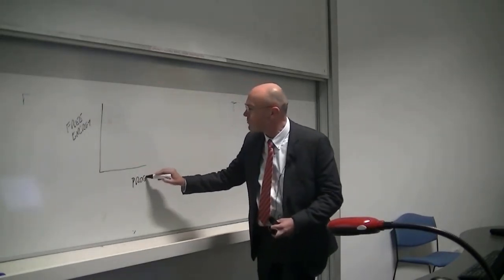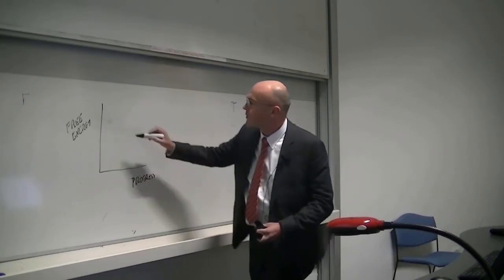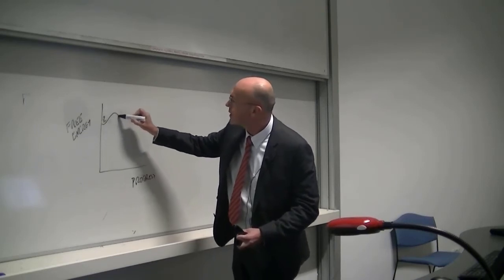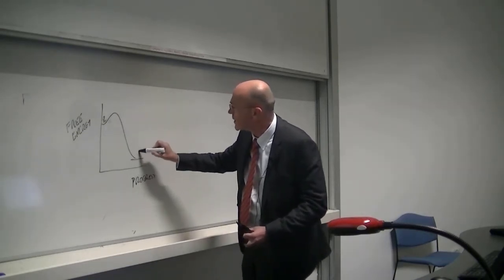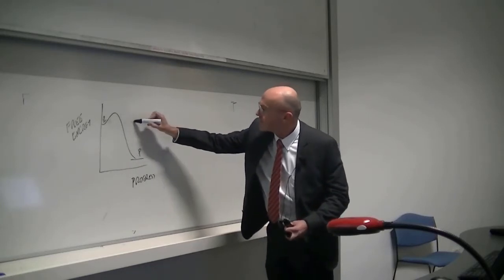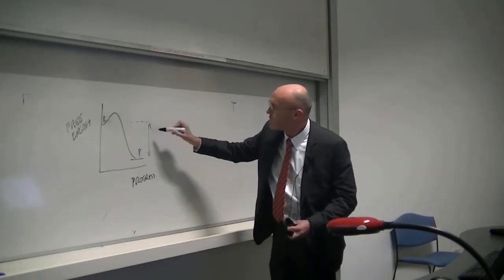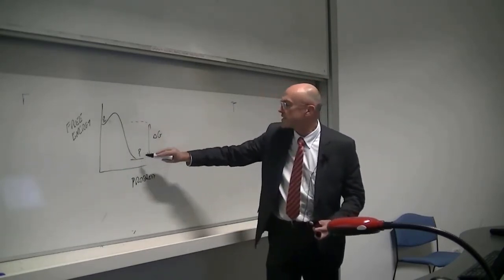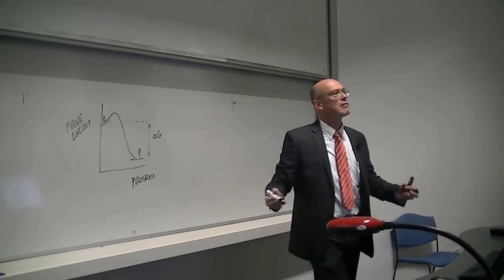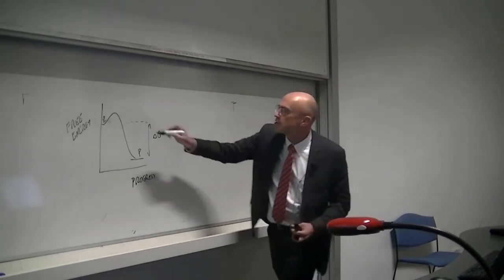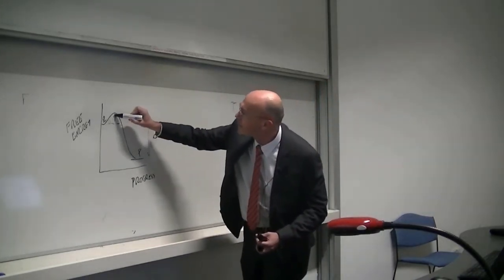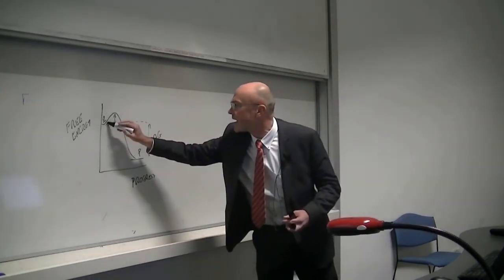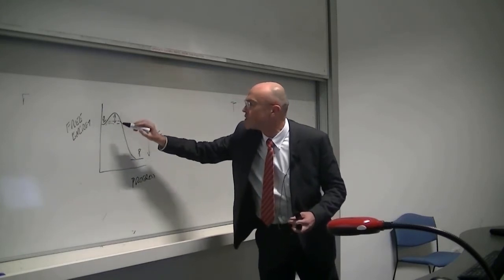You'll recall, I hope, that a reaction tends to start with the reacting molecules, and it goes up, and then if it's a favourable reaction, we end up with the products. And this difference in free energy is the free energy change of the reaction, delta G. If that's a negative value, in other words, this is less than that, then it's a favourable reaction, as we see here. And this was the little bit of activation energy that all reactions have. And we talked about how an enzymatically catalysed reaction reduces the value of that activation energy.